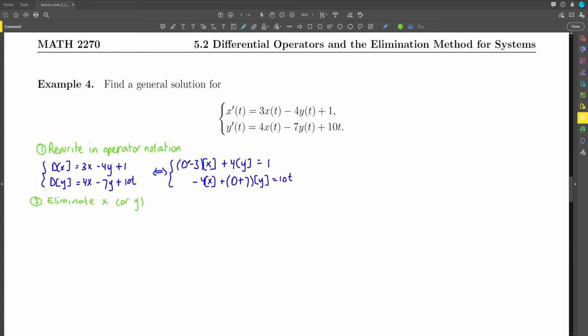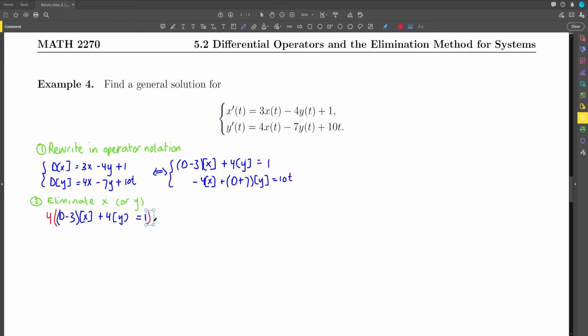Now, I have a D minus 3 on x here and a minus 4x here. So what I can do is multiply my first equation by 4. So 4 times D minus 3 acting on x plus 4 times y equals 1.